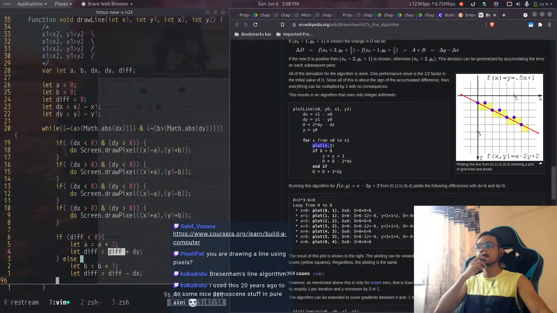Plot x, y, so this might draw a particular pixel at that point, and if D is greater than 0, increase y like this. Okay, but this thing is somewhat different than what I have done. What is it?